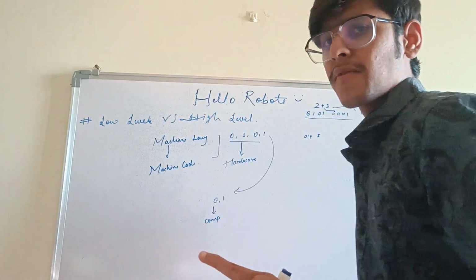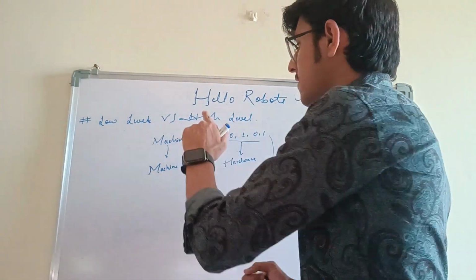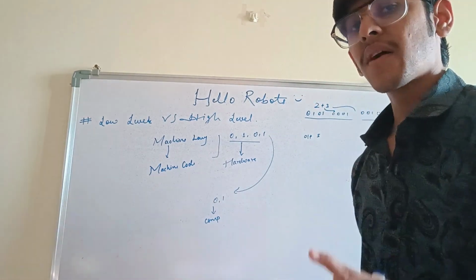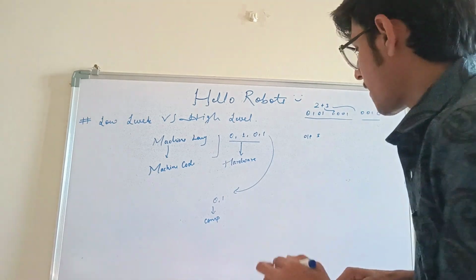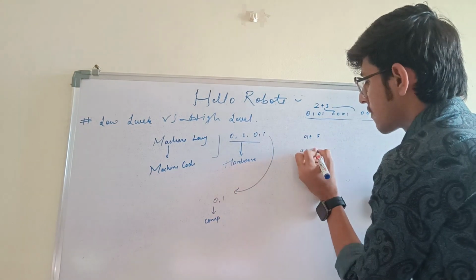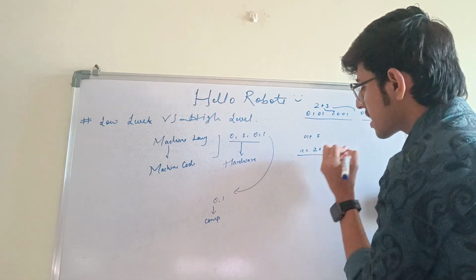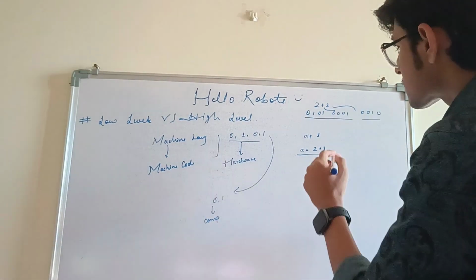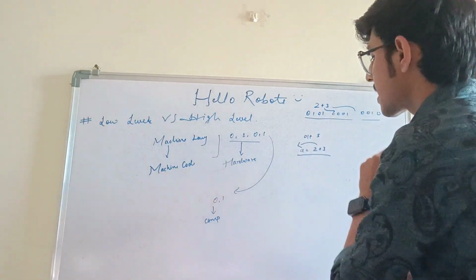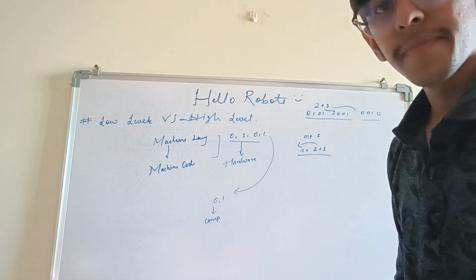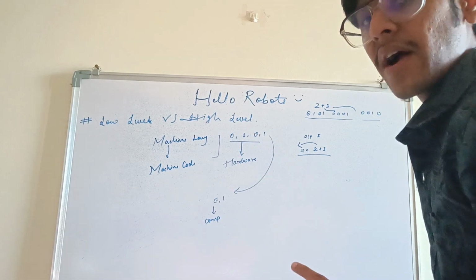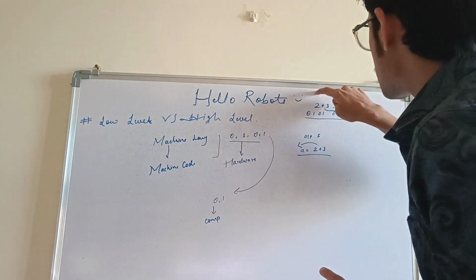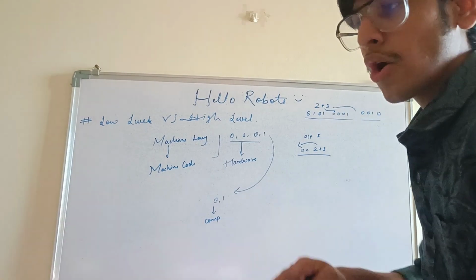Now understand what is the advantage and disadvantage of high-level languages as well. What is the advantage? It is very easy to understand. If you are writing A equals 2 plus 3, we can understand from this line that this 2 plus 3 is going to be stored in this A and we can see the output. I hope you understand. Second advantage, it is very easy to write on all computers.